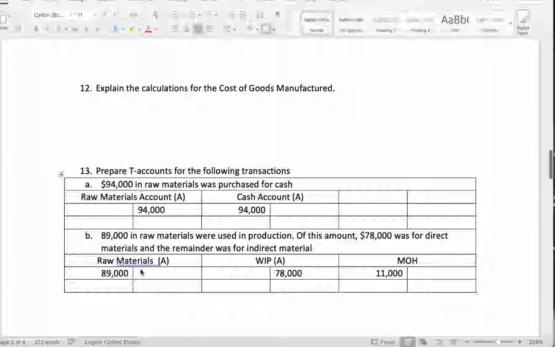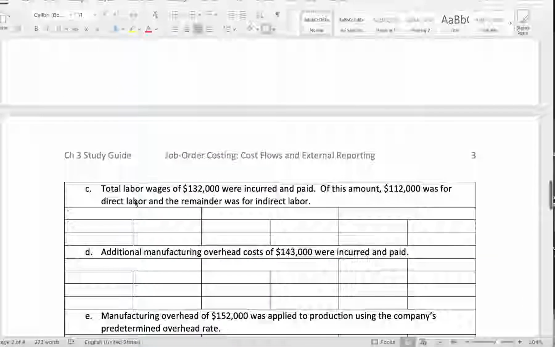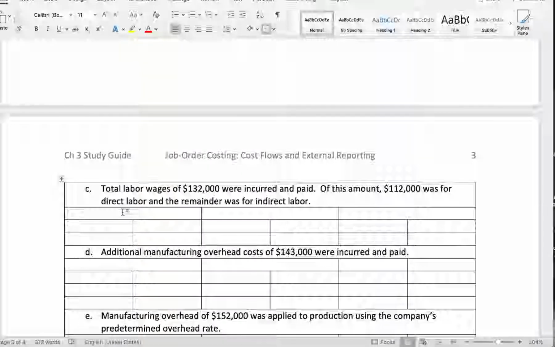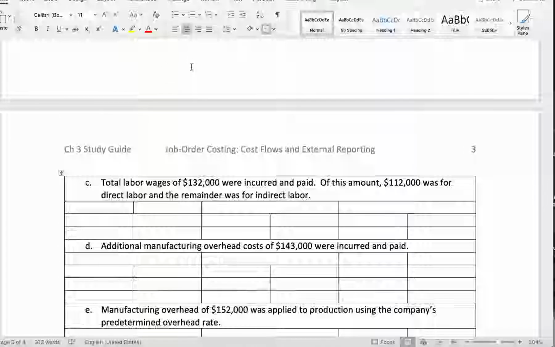We'll keep going. I want to come back and revisit B for a second. What are we going to do in number C? Super simple. The first account we have is WIP.